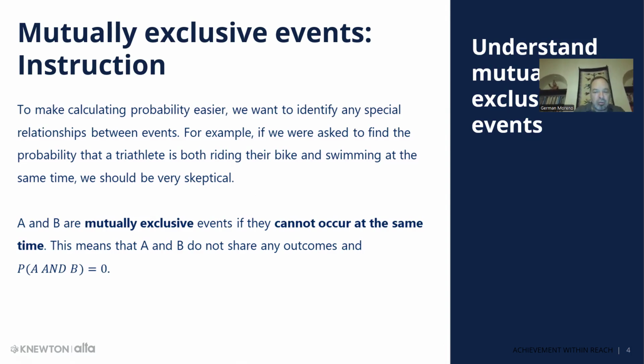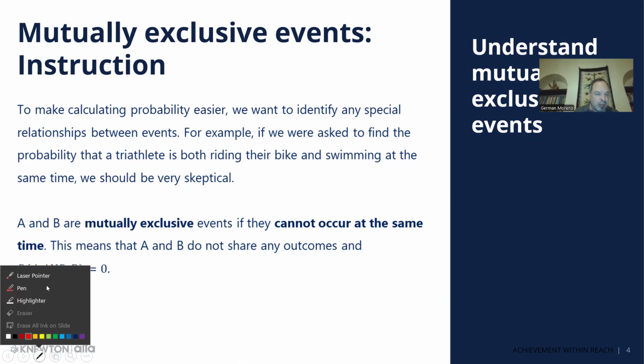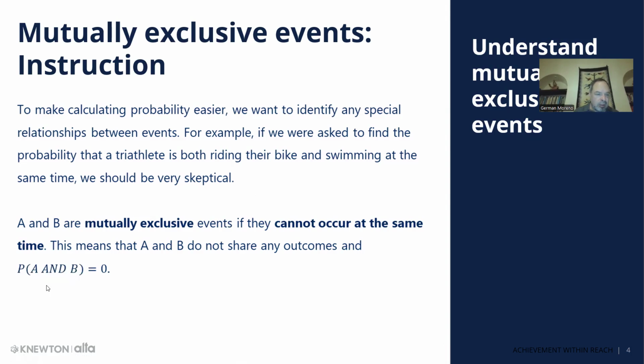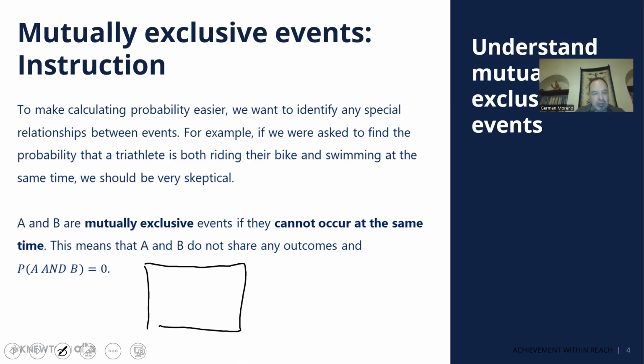Okay, so one way to illustrate this is with a Venn diagram, and just to clarify, I'm not sure I was as clear as I could have been in the previous video. So let me try to do that here.